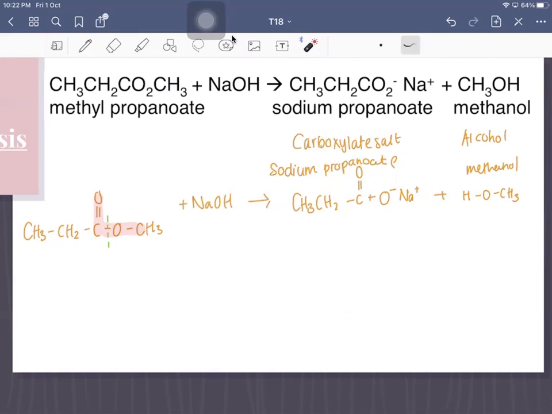Okay, now what if you're not interested in the salt? You want to convert it into the original acid, the same way you have done it for base hydrolysis of nitrile. We do the second step, which is called the acidification.